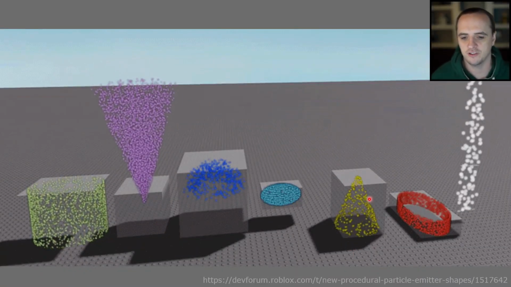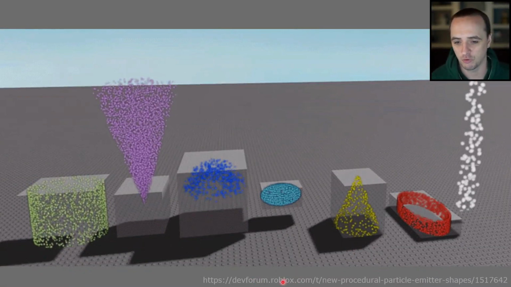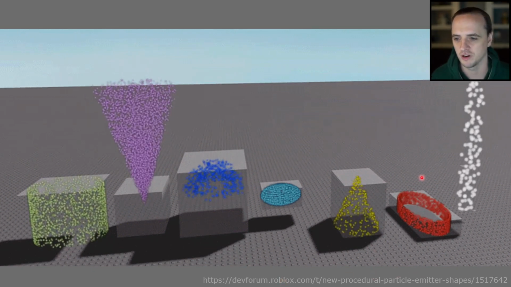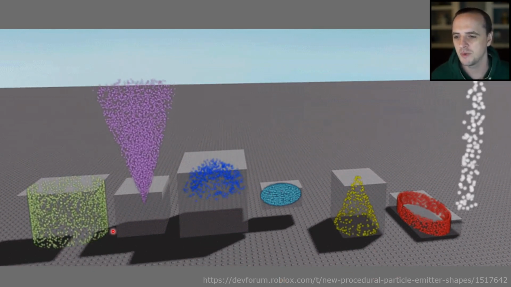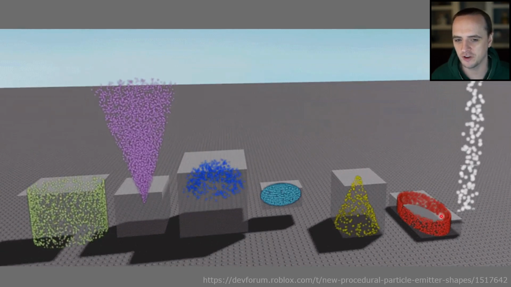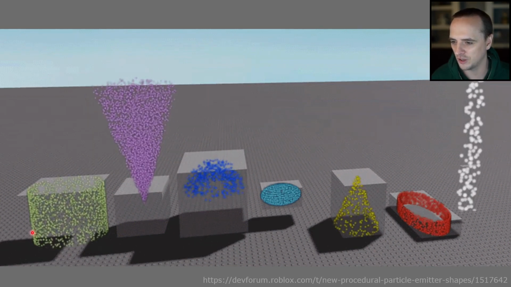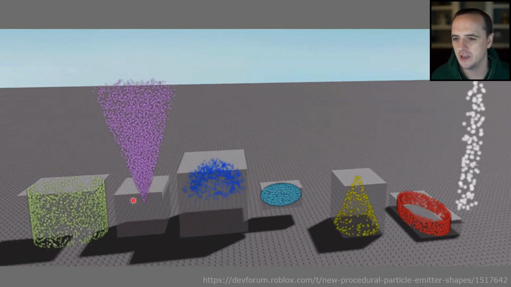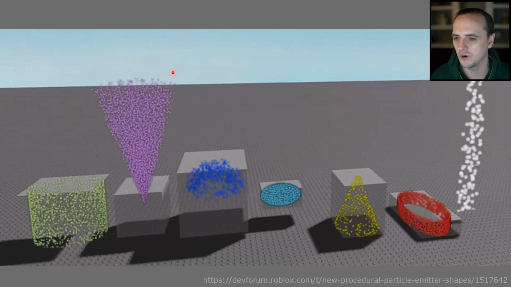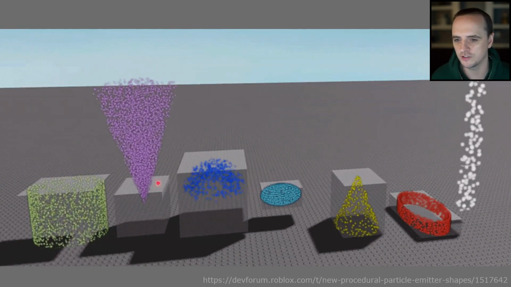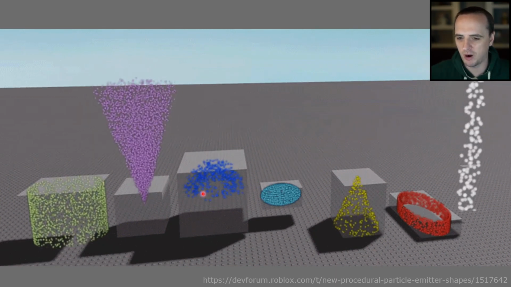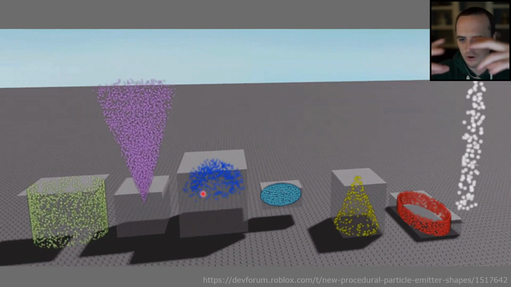So here's a really nice example. I think this is actually from Roblox on their particle emitters and particle systems. Here you can see a bunch of different types of particle systems. Over here we have a cylinder where things are falling toward the ground. Here we have a cone where particles are traveling upwards. Here particles are sort of condensing into one space.